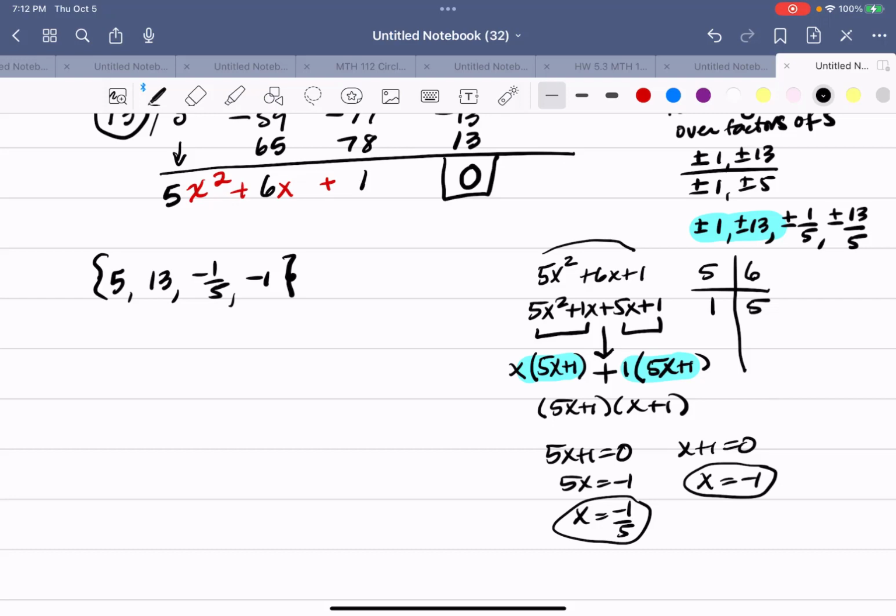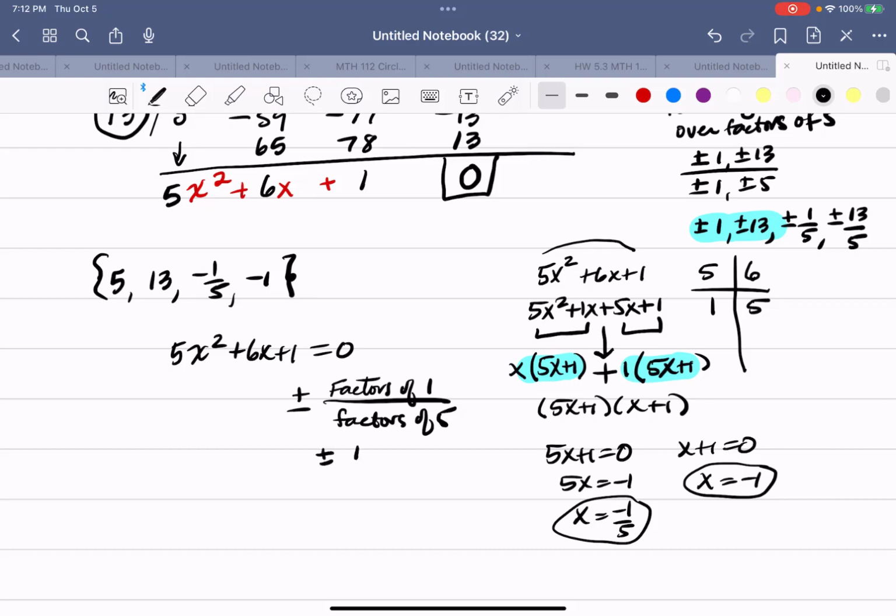Now let's say you didn't notice it would factor. So we're down to 5x squared plus 6x plus 1 equals 0. We've got to do the factors of 1 over the factors of 5. And of course, we have to look at both the plus and the minus.